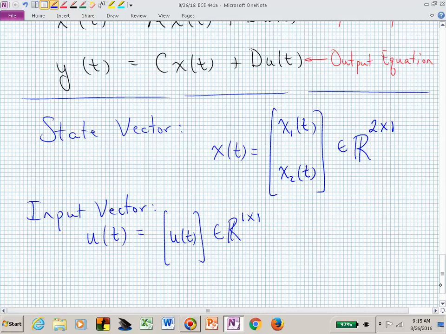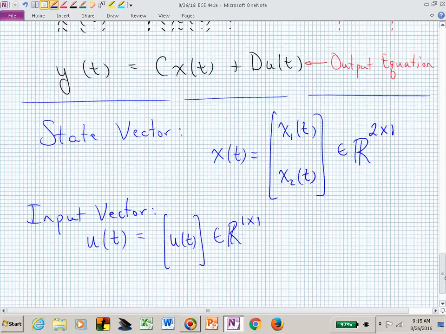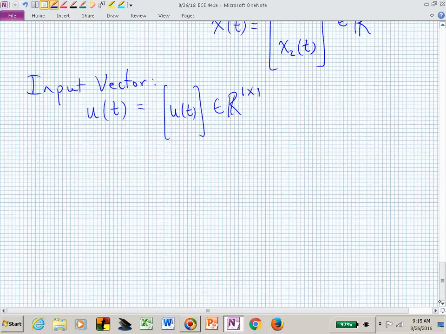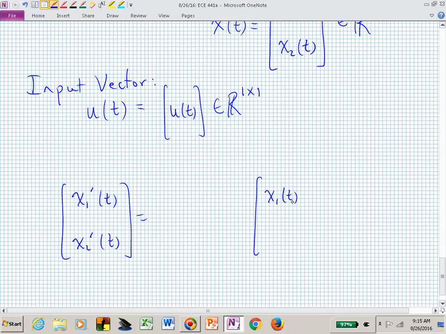Now, if we have a state vector that's 2 by 1 and we want to build x prime, we want to take the first derivative of that, that's pretty easy. Now we have x1 prime of t, x2 prime of t, and then we're told that that's some matrix times our state vector plus some other matrix times our input vector.